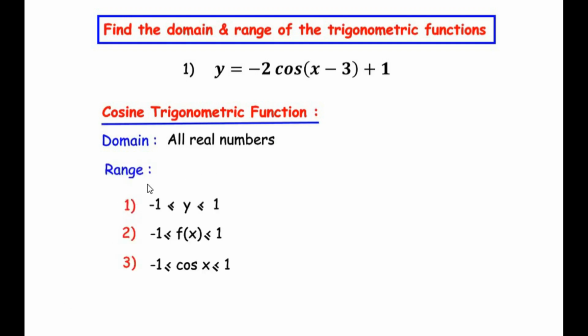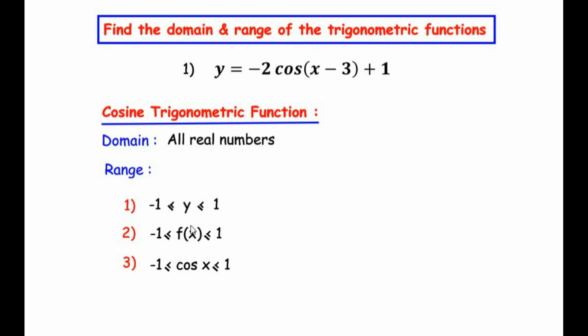So the first way of representing the y-axis or the range of the cosine function is -1 ≤ y ≤ 1. As we saw, it toggles between maximum of 1 and minimum of -1. So this is the first way of representing it. The second way is -1 ≤ f(x) ≤ 1. Now remember that another way of writing y is f(x).